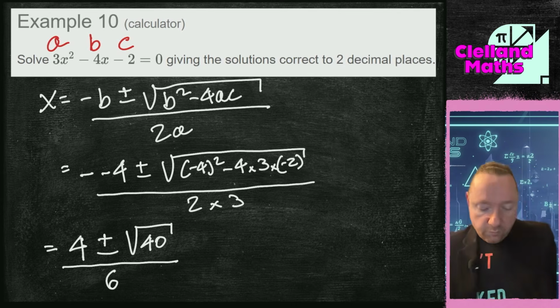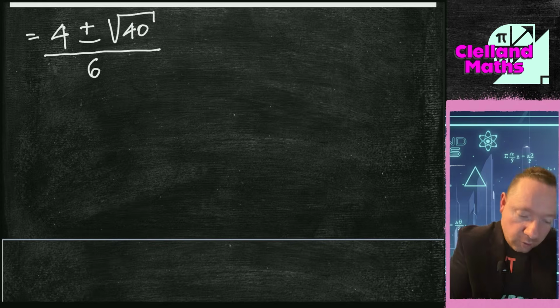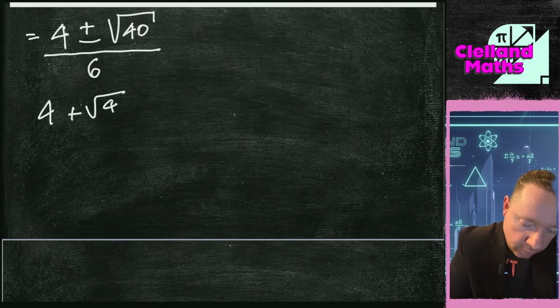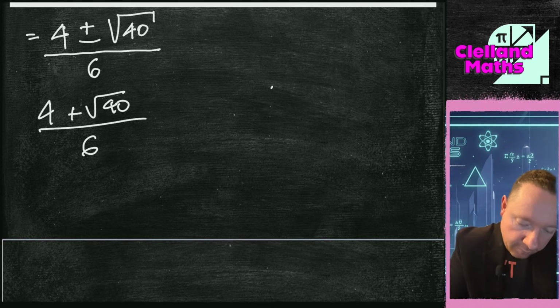So there we go. We've got 4 plus or minus root 40 over 6. So we can split that up. We've got 4 plus root 40 over 6, and 4 minus root 40 over 6.